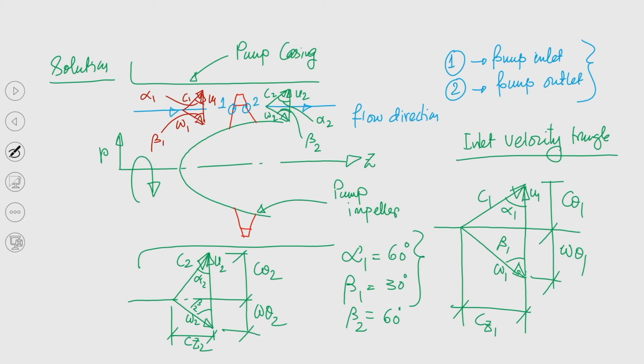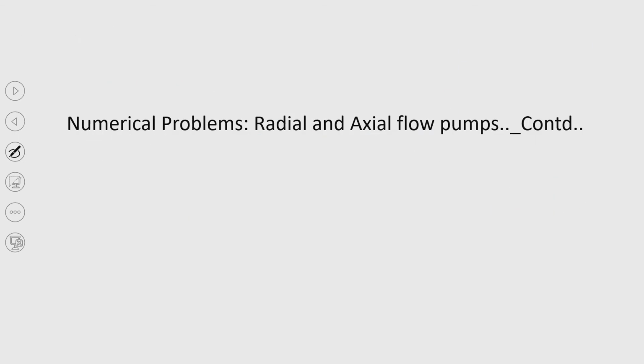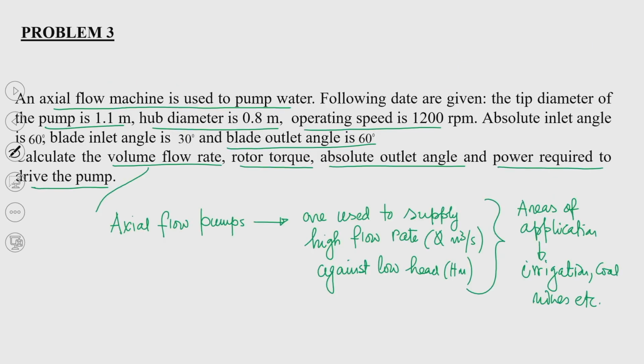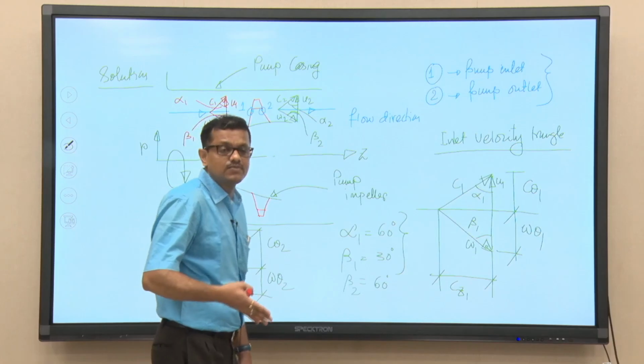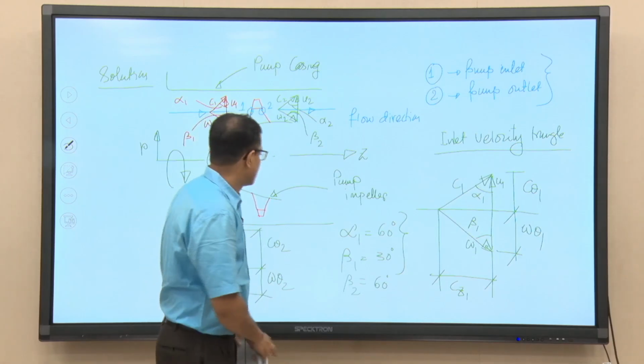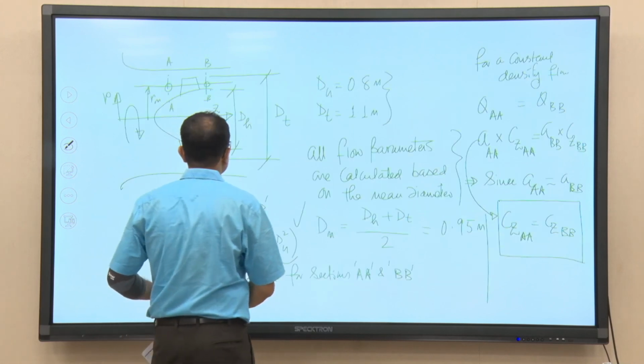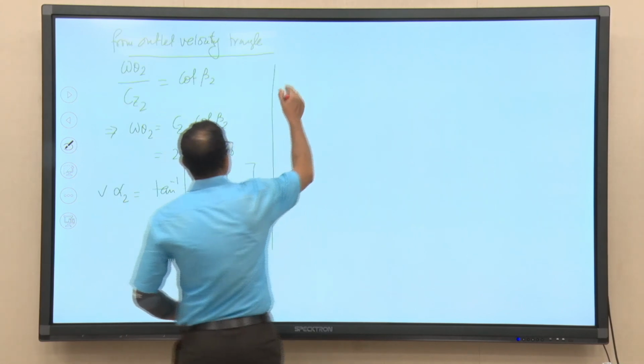So, if we look again at the problem statement, the absolute outlet angle, alpha 2, we have calculated already. To calculate alpha 2, we had to look at the velocity triangles and also calculate flow parameters from the given set of data. So, now the next objective is to calculate the volume flow rate.